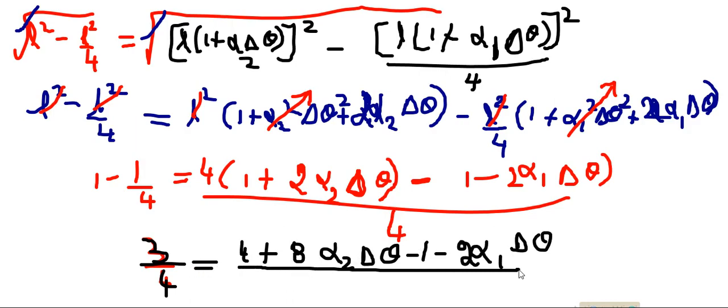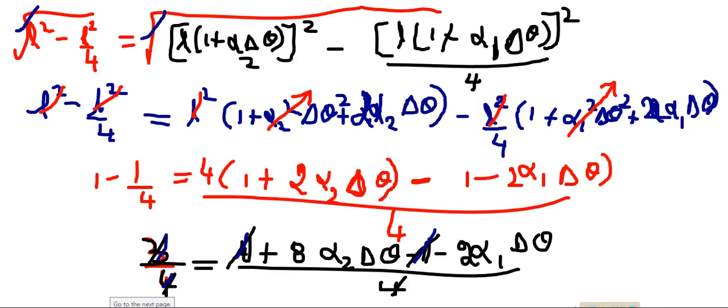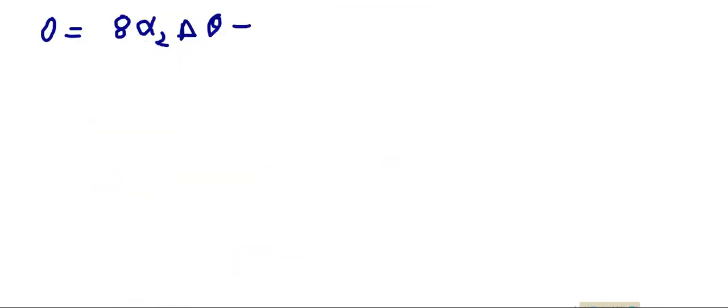By 4, the 4 gets cancelled, and this 3 moving to the left hand side becomes minus 3, so it is also cancelled. The remaining is 0 equal to 8 alpha 2 delta theta minus 2 alpha 1 delta theta.